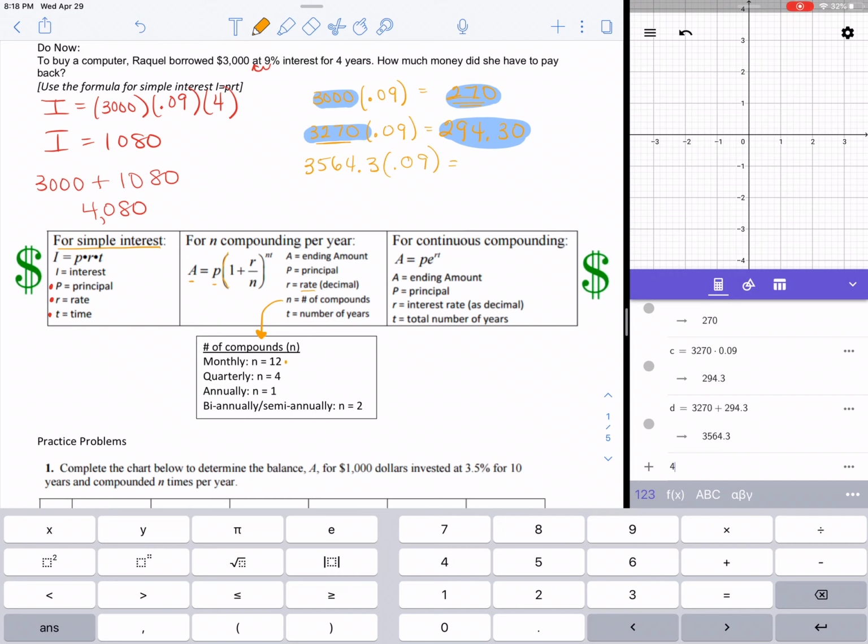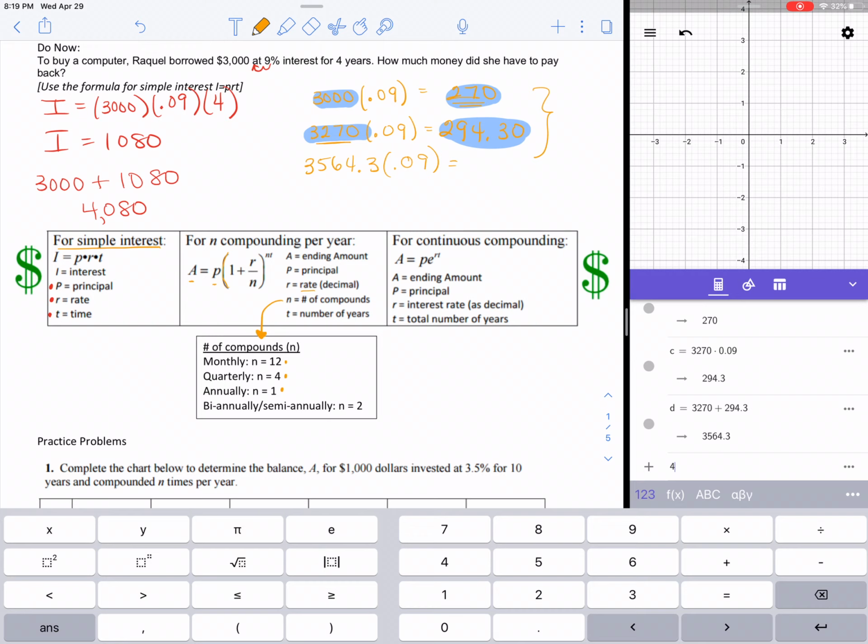Quarterly, that would mean that you compound the interest 4 times a year, meaning the interest gets added on to the principal before the next quarter interest would be computed. Annually, it would be once a year. That's what I was using up here. If we were compounding annually, at the end of each year, it would be added on. Biannually or semi-annually would be N equals 2.